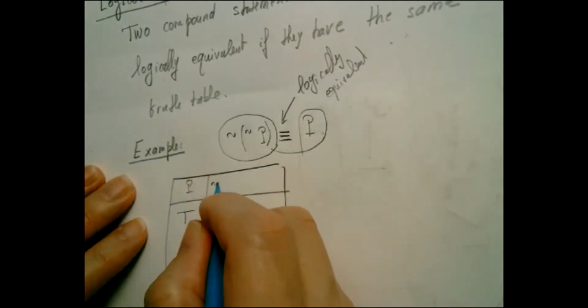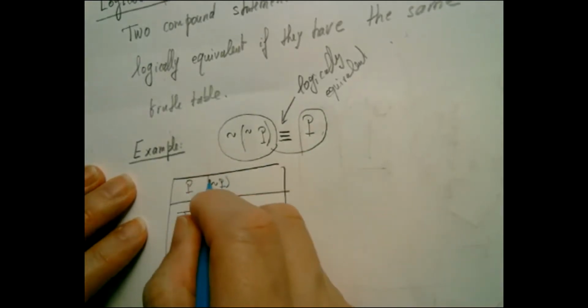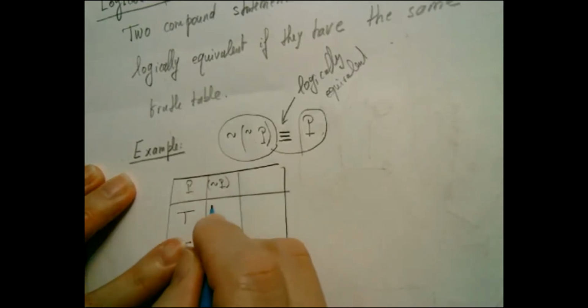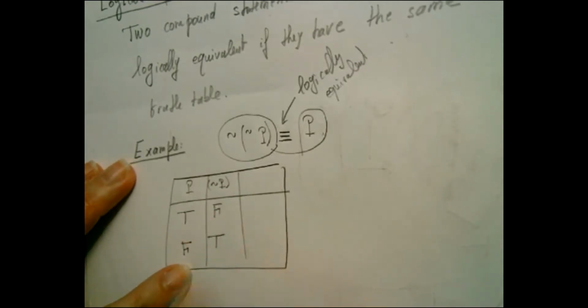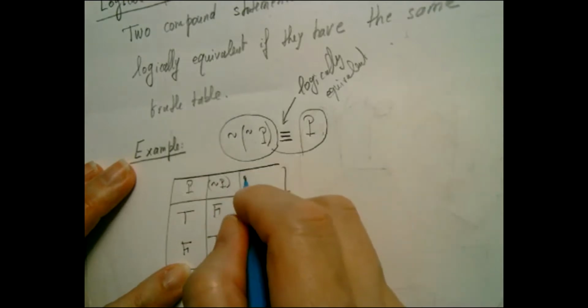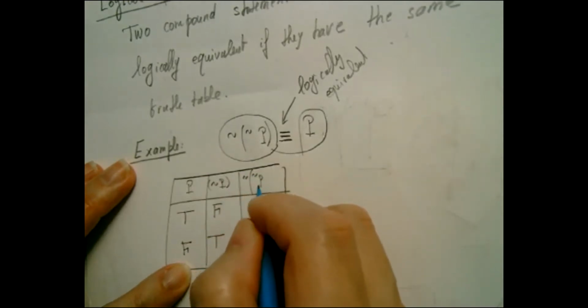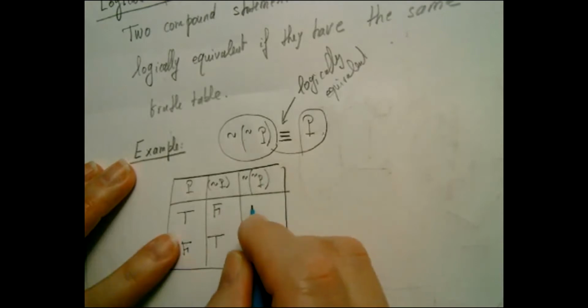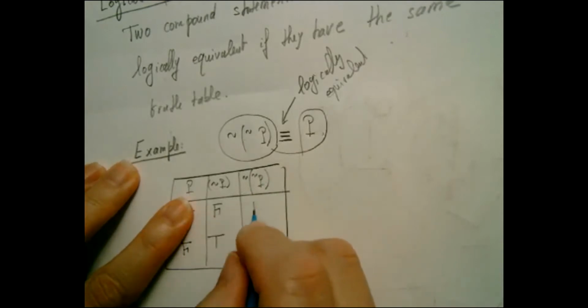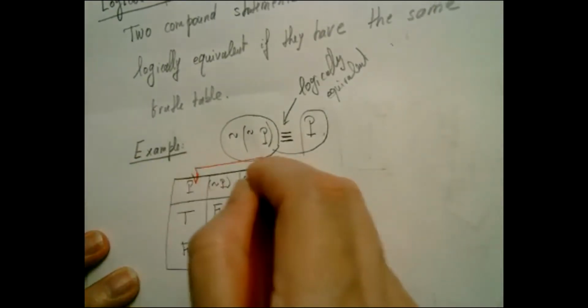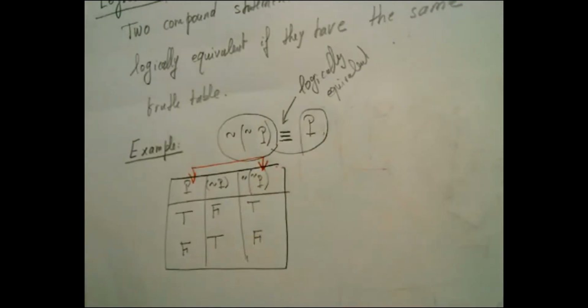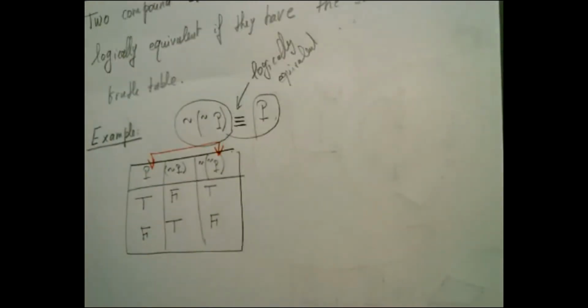So what is non-P? Non-P is the statement which is false when P is true and true when P is false. So non-P is the negation of that, true and false. So this is P, and this is not P. Those are basically the same statement.